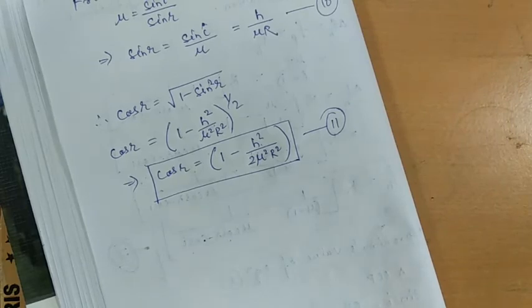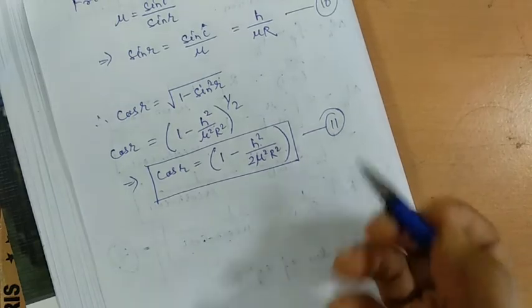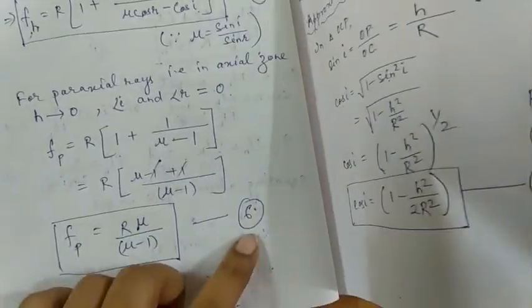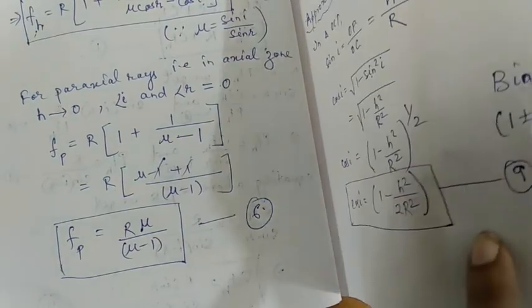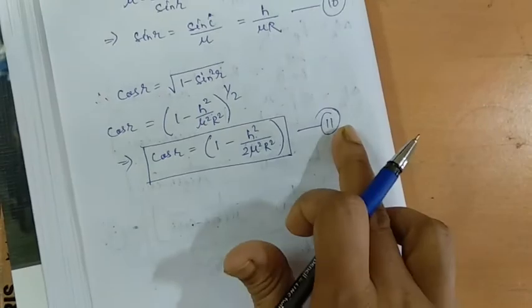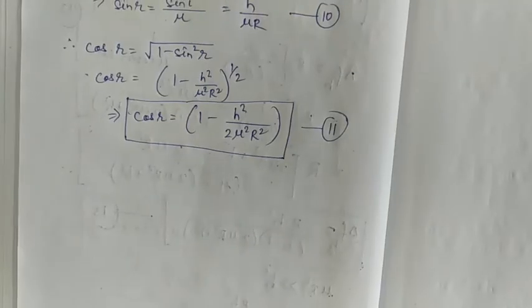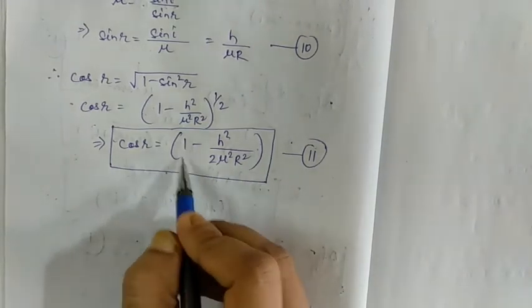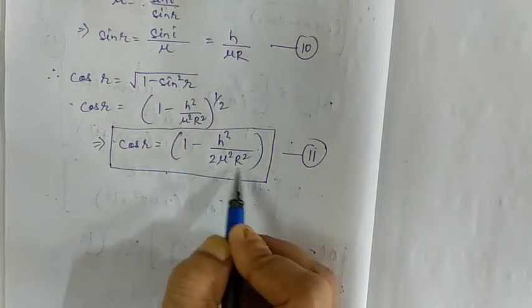Now by using these two equations, that is equation 9 and equation 10, this is equation 9 and equation 11, cos r equals 1 minus h square by 2 mu square r square.